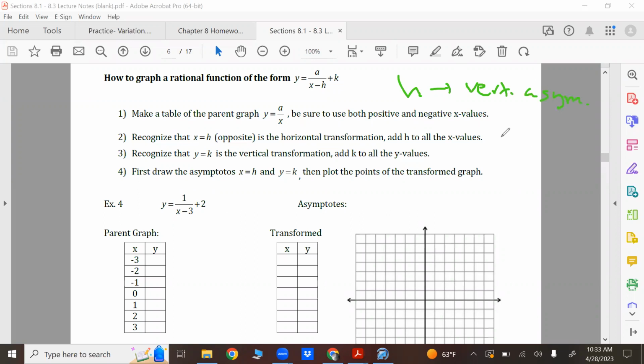Just so you know, k is going to be the horizontal asymptote. It seems a little counterintuitive because h is a horizontal coordinate, but it actually impacts the vertical asymptote. K, which is a vertical shift, actually impacts the horizontal asymptote.